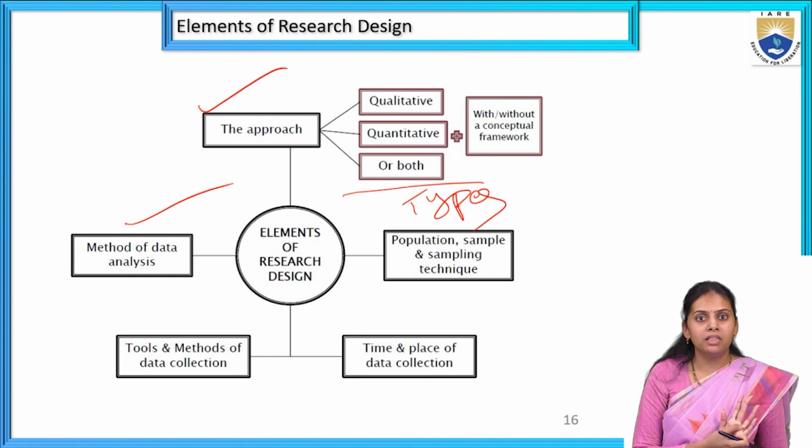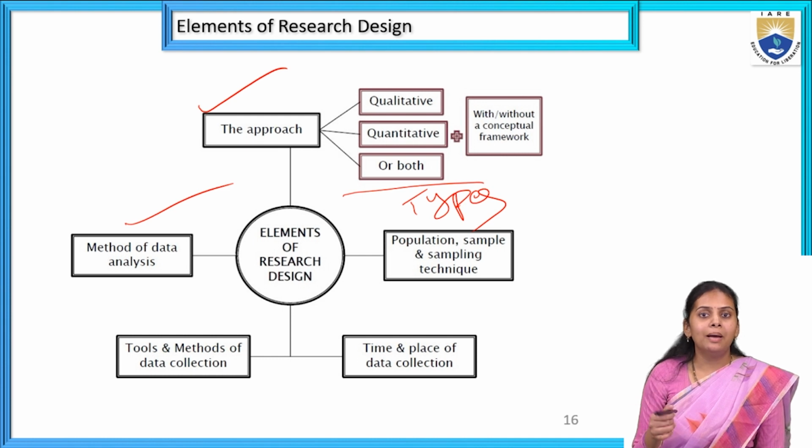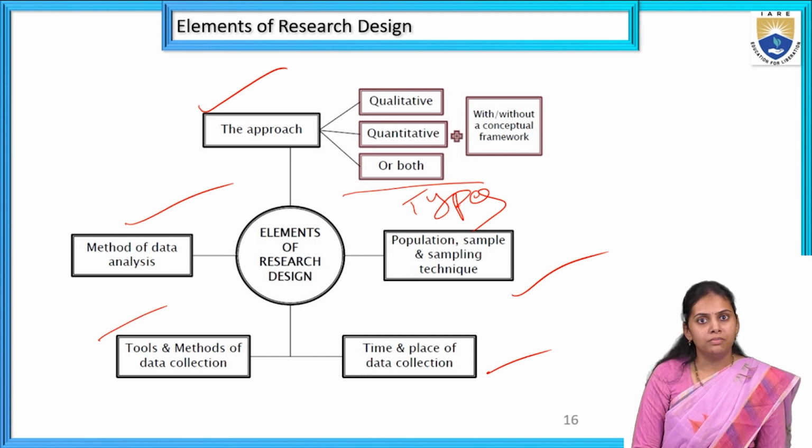What type of method? And the other element is population, sample and sampling technique. This is the third element. And the other element is the tools and methods of data collection. Again, the other one is the time and place of data collection: from where, in which manner, and how much time is required.